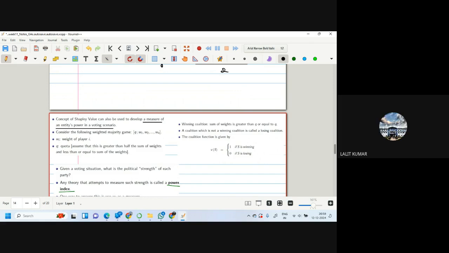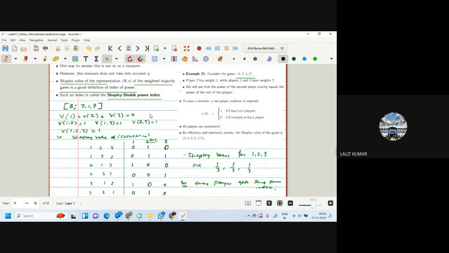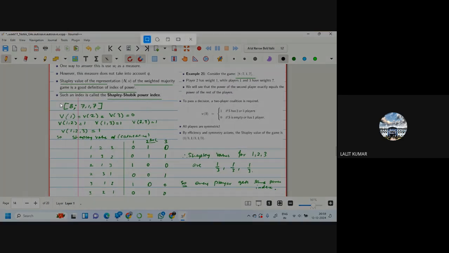Like I had said, there are 7 members in one party, 6 members in the second party, 5 members in the third party, and the winning vote, for example, is 12. So with this Shapley index, in the same way, we can find how much is the power of each party, or how much is every party member's power. I'll give you this example, and it is done in the same way.